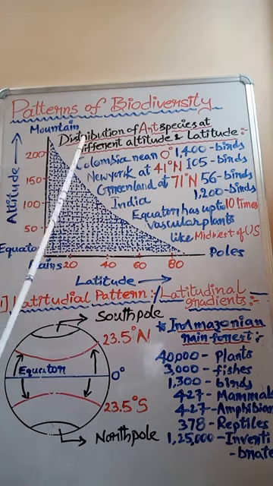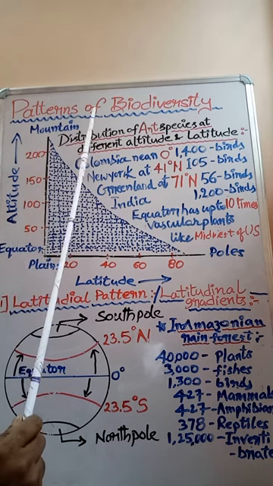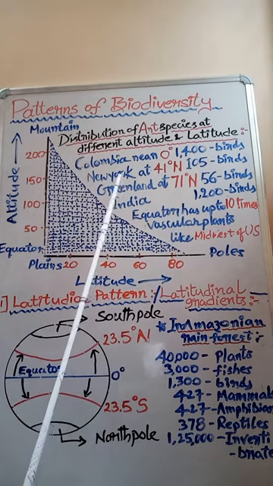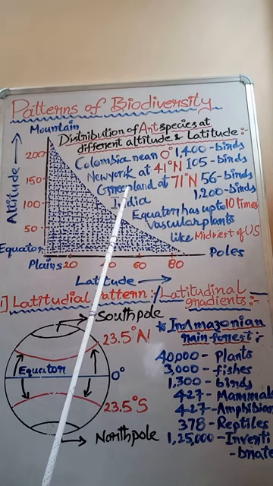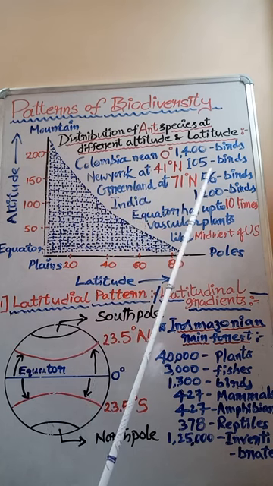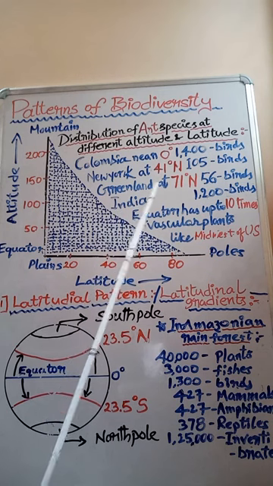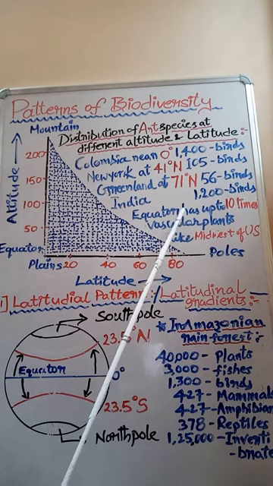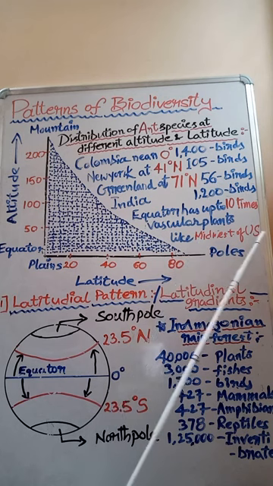Near the equator, Colombia has nearly 1400 species of birds, whereas New York at 41 degrees north has 105 species of birds, whereas Greenland at 71 degrees north has 56 species of birds, whereas India has 1200 species of birds. And one more interesting point, the equator has up to 10 times more vascular plants when we compare with a temperate place like the Midwest of USA.